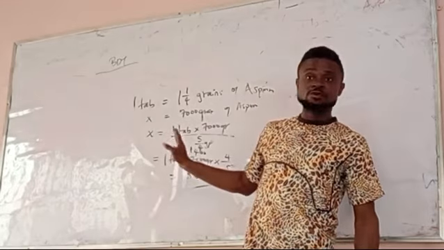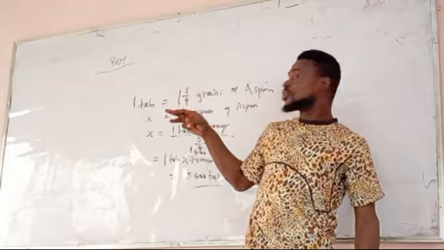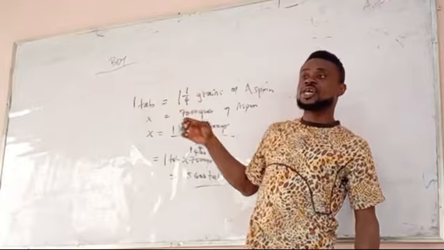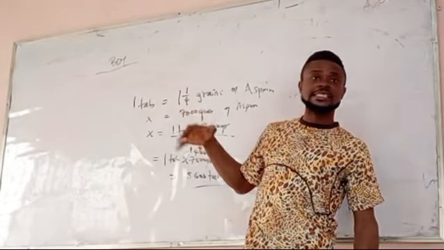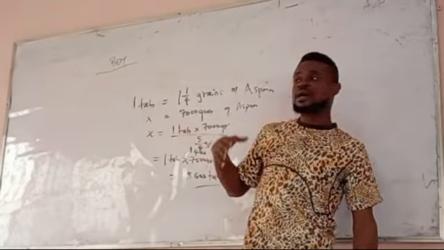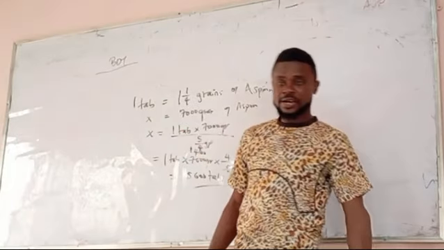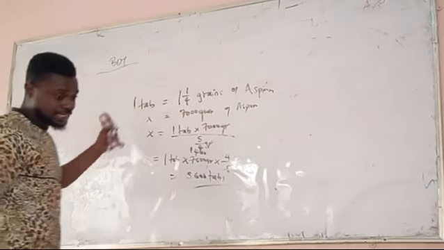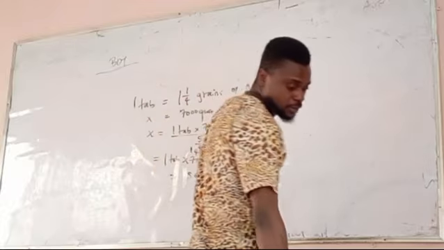So this question is a combination of posology and systems of measurement, both avoirdupois and apothecary, mainly the old system. Is that clear? So that's where this question came from.